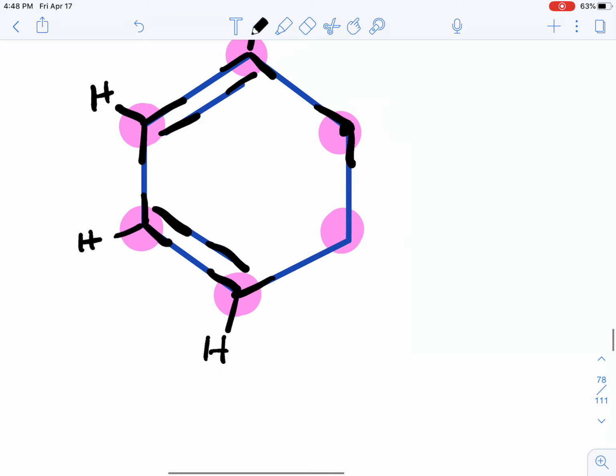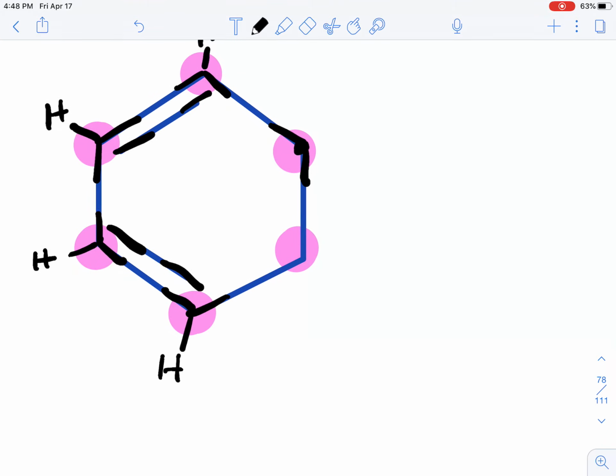And I need 4 covalent bonds surrounding the carbon. And so that implies that there are 2 hydrogens that are not shown. Same thing here. This has 1, 2 covalent bonds. For that carbon to have met its octet, it needs 2 more covalent bonds. And those covalent bonds are going to be filled in with hydrogen.